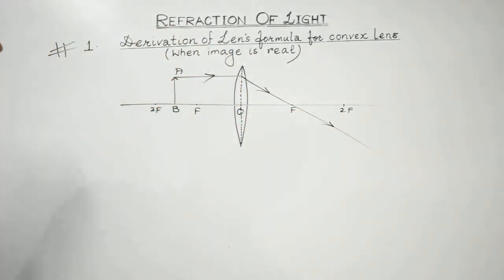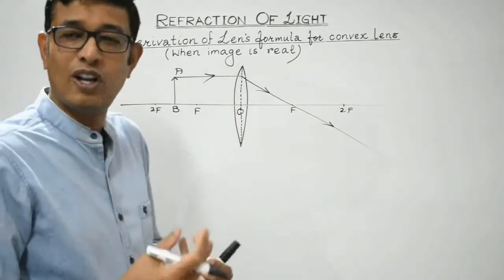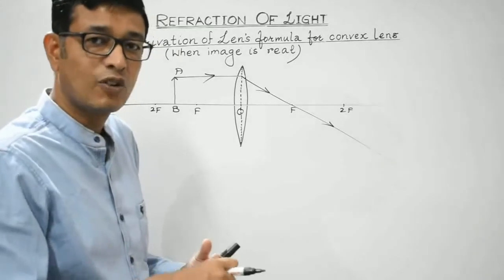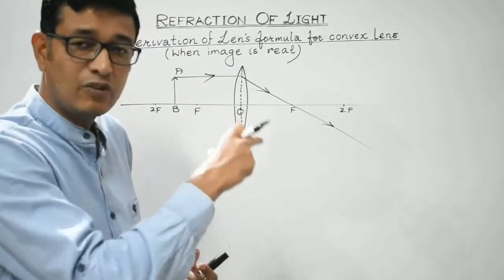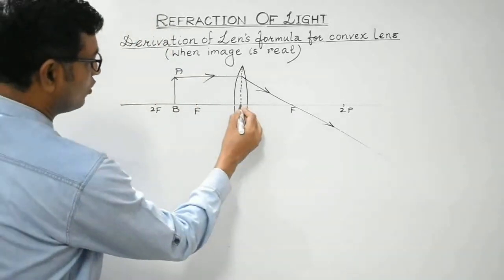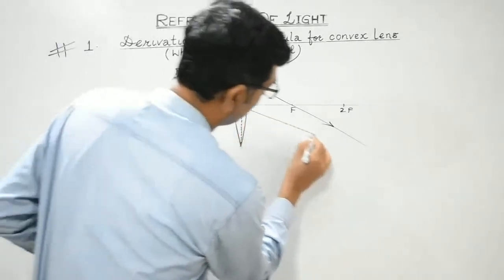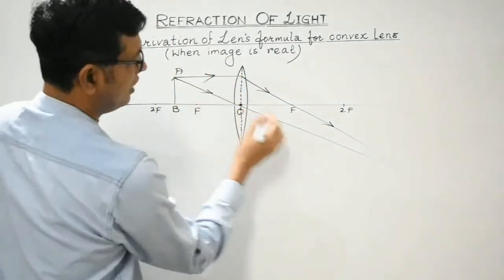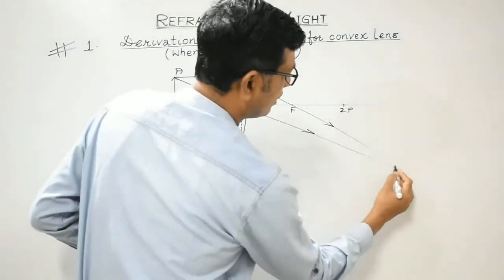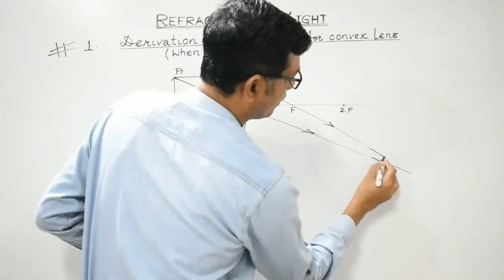Right? Second, student, this is the optical center. It is a point within the lens from where the light, when it passes through this particular point, remains undeviated. So that's the second rule. So light from the object, when passing through the optical center, will remain undeviated. So this is where the intersection of the two refracted rays will be obtained.